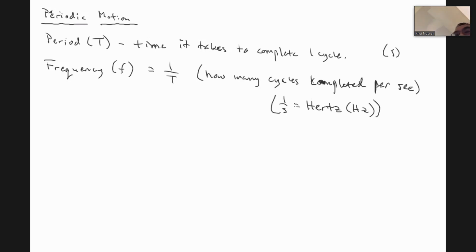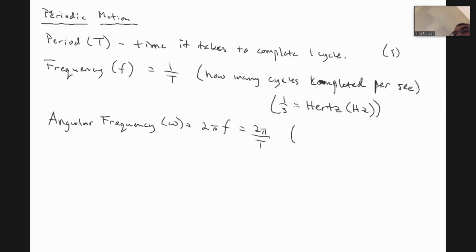And last but not least, we have angular frequency, denoted as omega. It's simply 2 pi times the linear frequency, or 2 pi divided by the period.